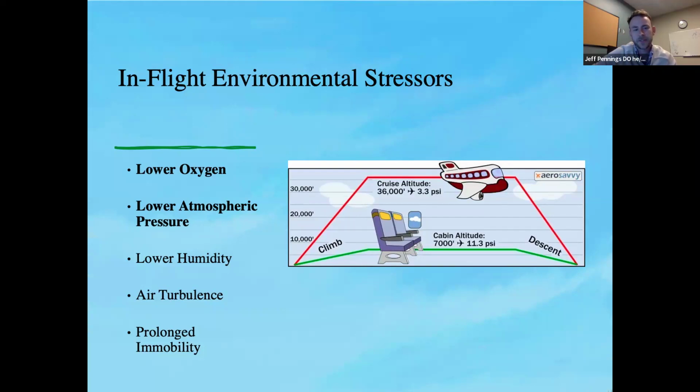So that can contribute to dehydration, and can have pathology implications for sinus dysfunction or inner ear dysfunction. Air turbulence, of course, can lead to passenger falls or trauma from items within the aircraft striking someone. And then prolonged immobility, of course, can increase the risk of DVT.